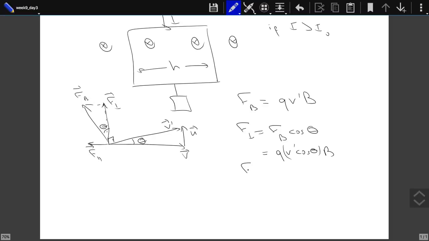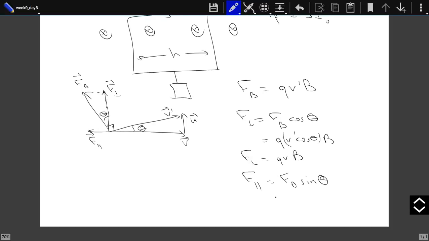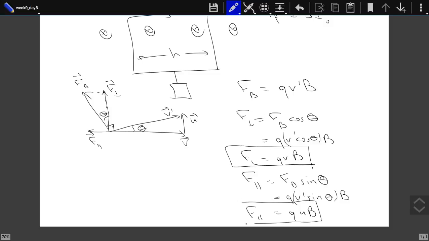So the perpendicular component of the force will be qvB. The parallel component, on the other hand, is Fb times sine theta, which will be q v prime sine theta times B, or the parallel component will be quB. This is the force acting on a single charge.